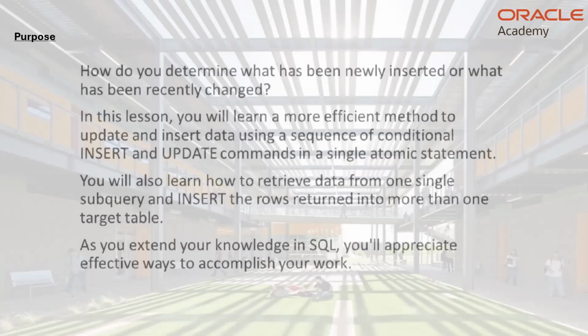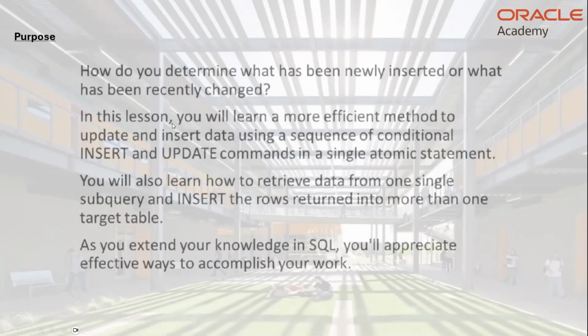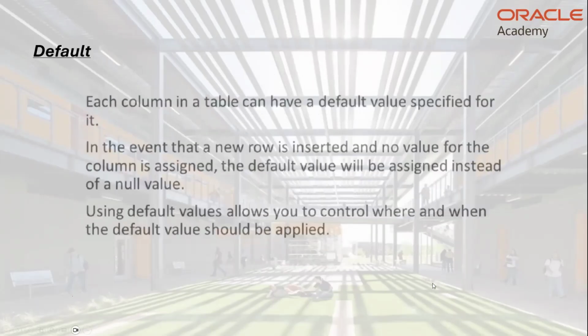In this lesson, we're going to look at a more efficient way to update and insert data using a sequence of conditional inserts. It's a way to organize if you have several points of data to insert. As you extend your knowledge, you'll appreciate more effective ways, and we're trying to get you into the habit of learning how to query more effectively.